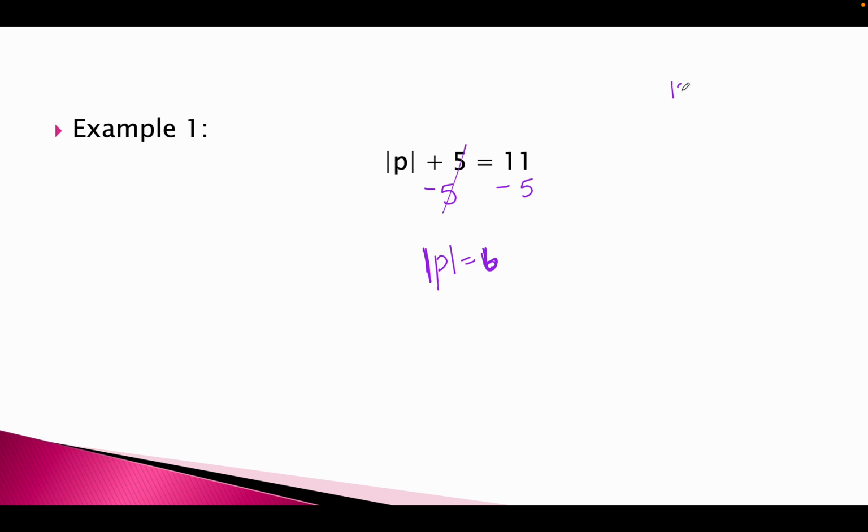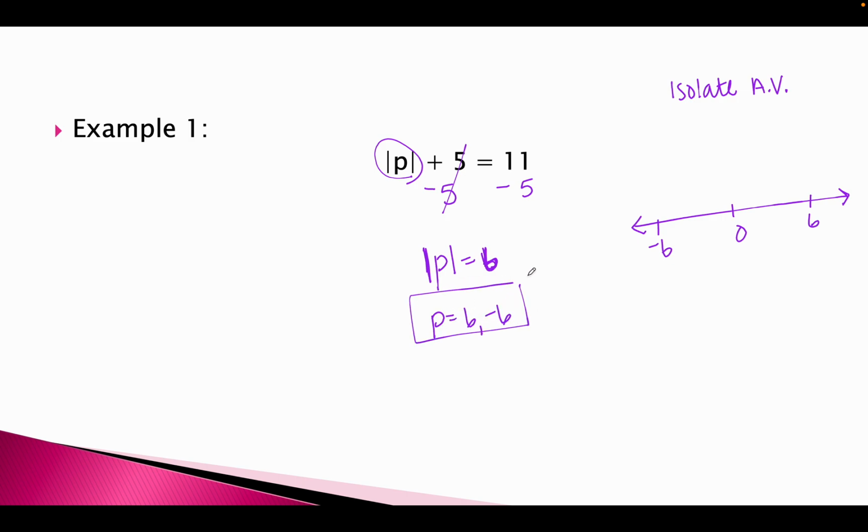Always isolate everything except the absolute value expression, which in here is the absolute value of p. So now that I have just the absolute value of 6, if we consider our number line, here's 0, what values are 6 spaces from 0? Well, we know that to be positive 6 and also negative 6, so we will write both of those as our answers. Seems fairly simple.